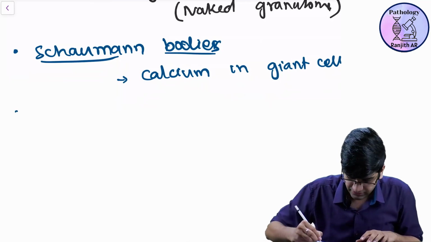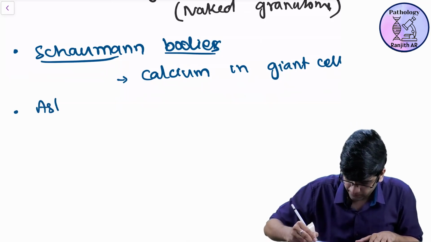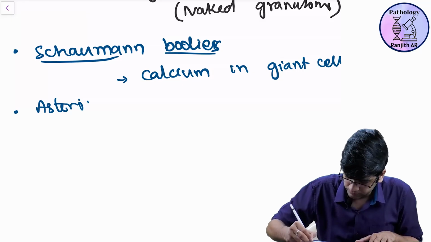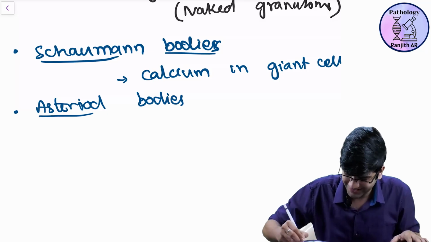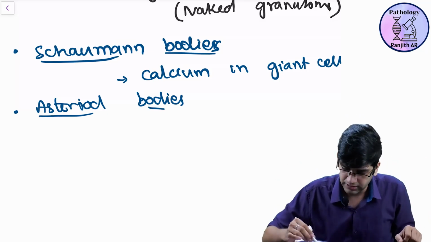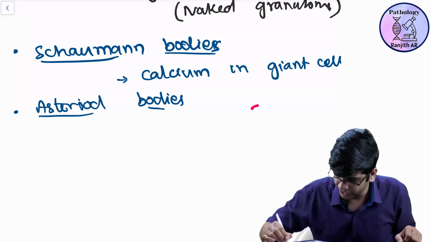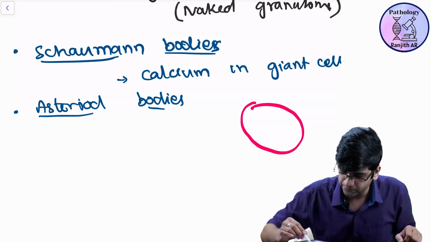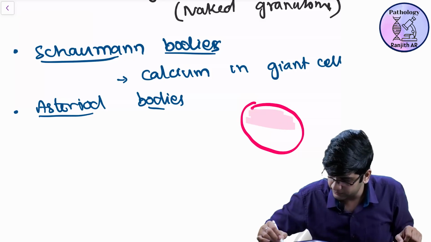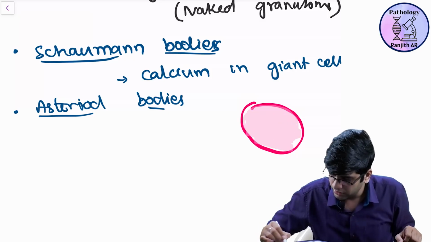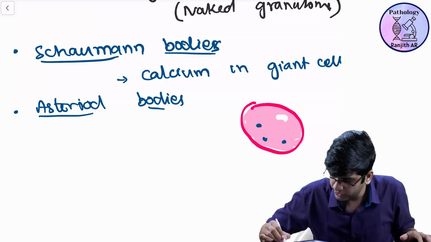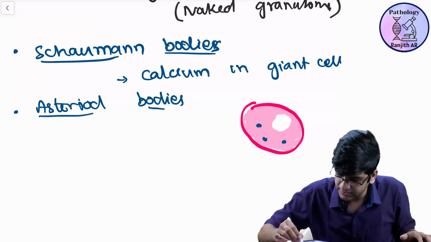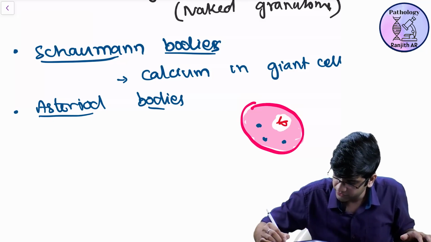There is also something called an asteroid body. Asteroid, as the name says, is going to be like a star. I'll have a giant cell, and these are also inside a giant cell. Let's make it pink color and give the nuclei as well. An asteroid body has an empty space, and that empty space has kind of a star.